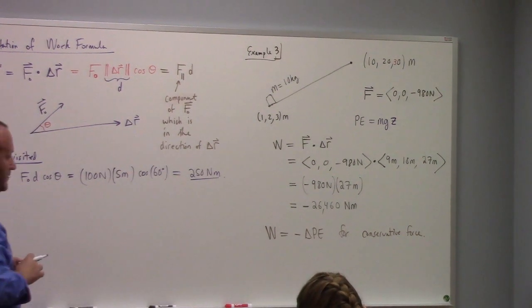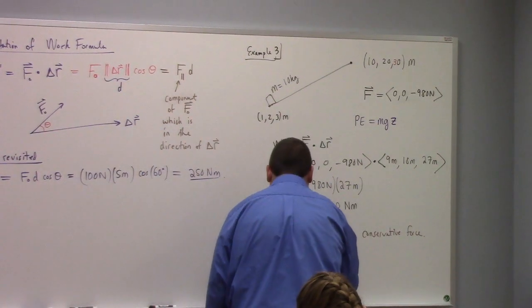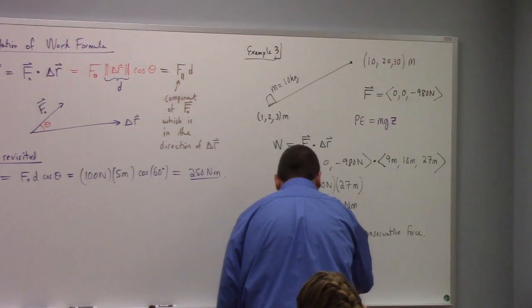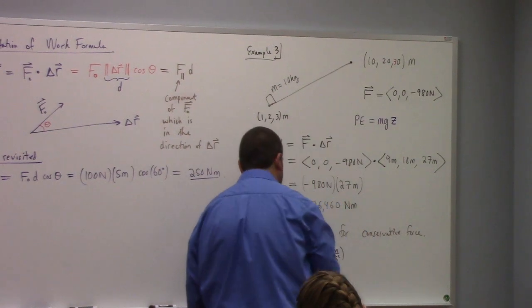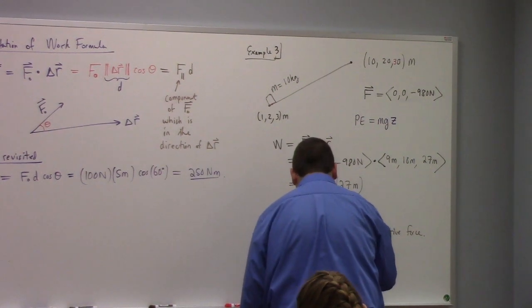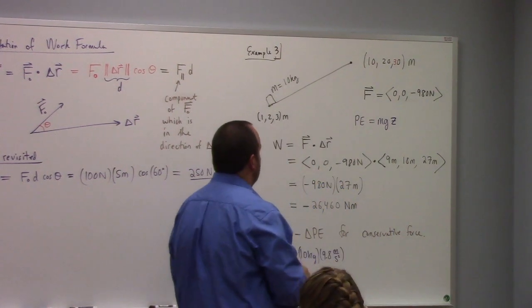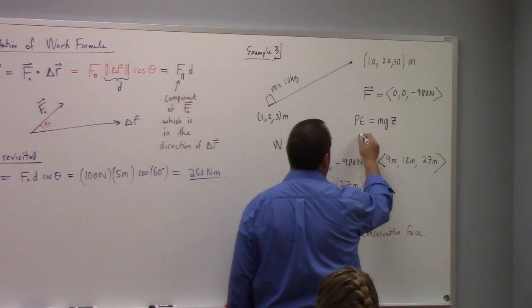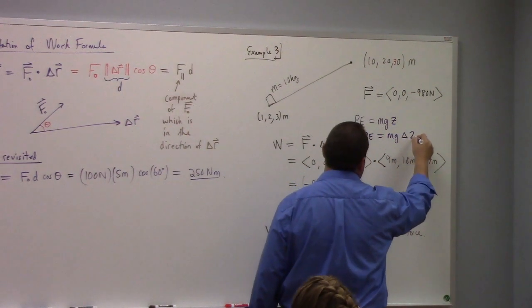So we've got minus, what was my m? 10 kilograms times 9.8 meters per second squared. The change in potential energy, by the way, we can also write as mg times the change in z.